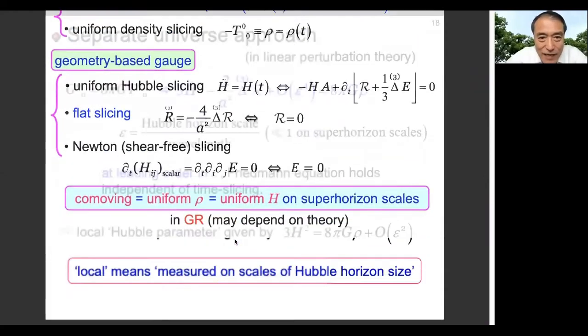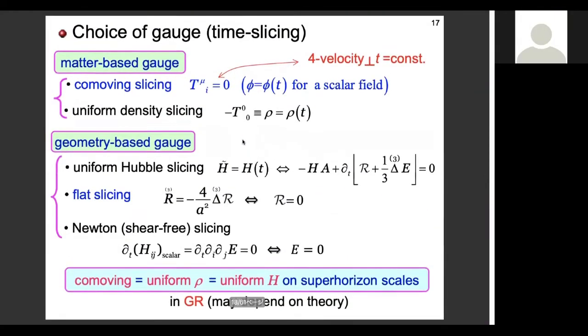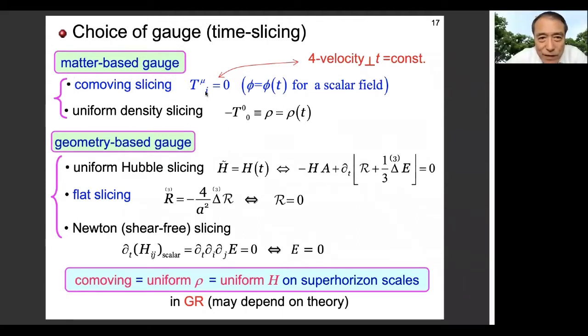All right. So I have a question. Yes, sure. I just want to know the reason why some gauges are impossible when you consider the nonlinear order. The whole point is that when you call it time slicing, it must be a slice. You may always write down a condition, but this condition can define some vector, yes, but this vector will not be normal to a hypersurface.